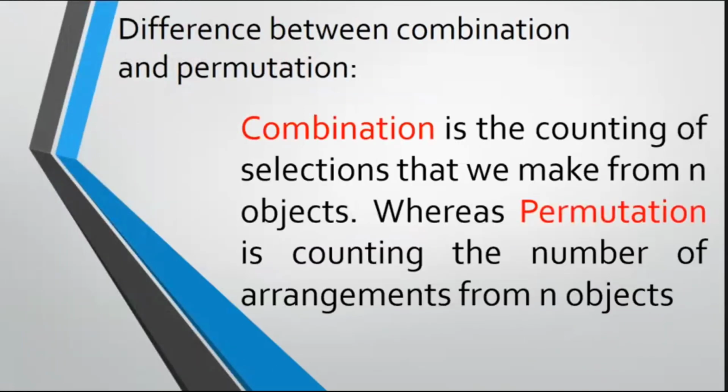The difference between combination and permutation is that combination is the counting of selections that we make from n objects, whereas permutation is counting the number of arrangements from n objects.